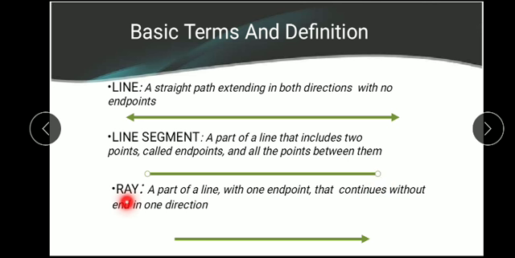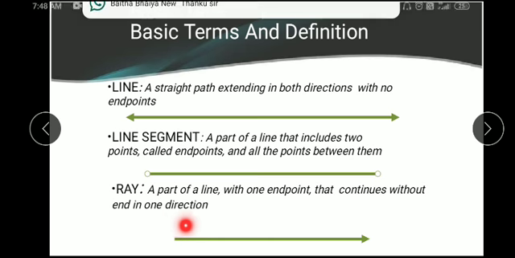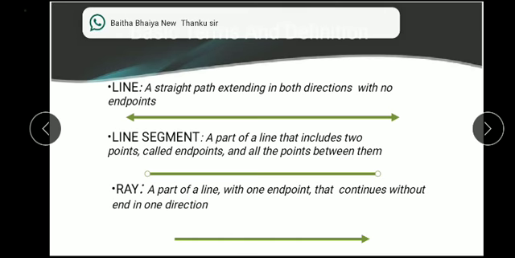Next one is ray: a part of a line with one endpoint that continues without end in one direction. It has one endpoint, whereas at the other point it continues without any end.